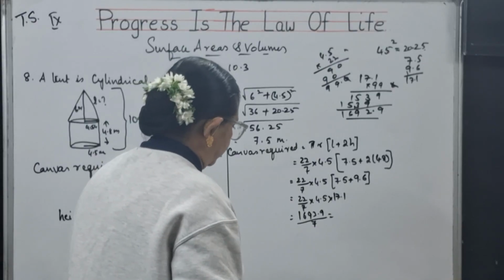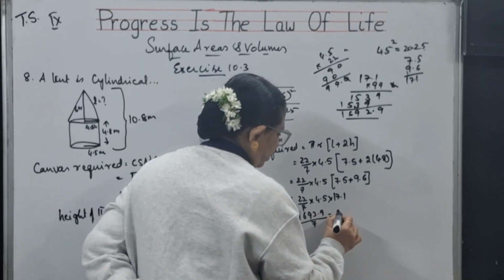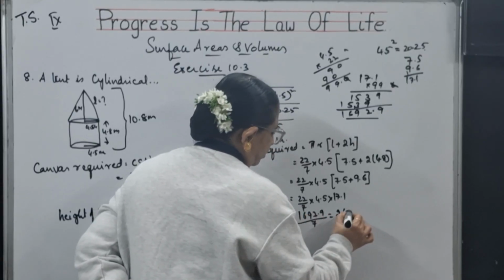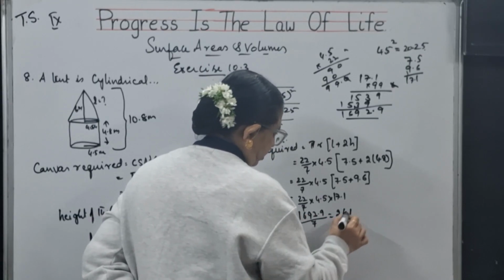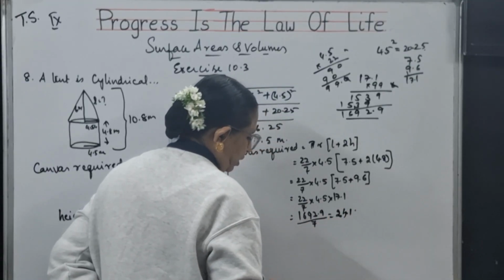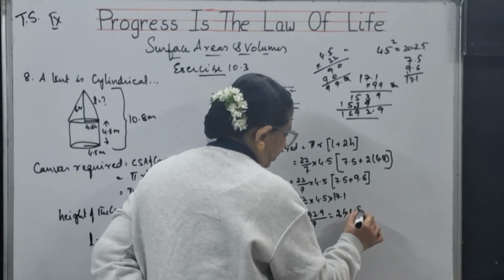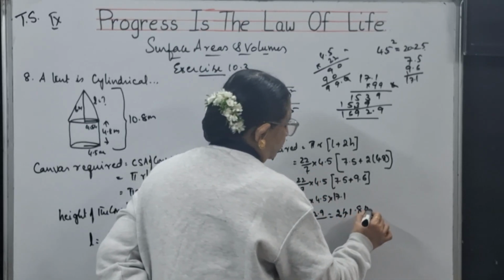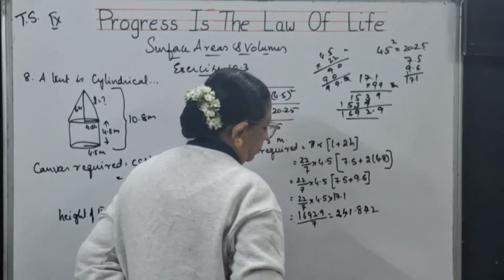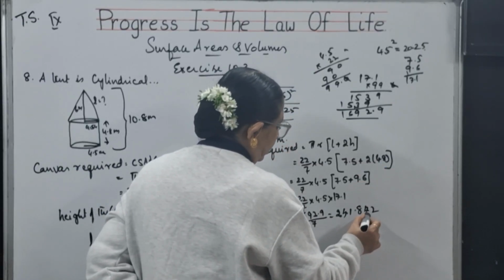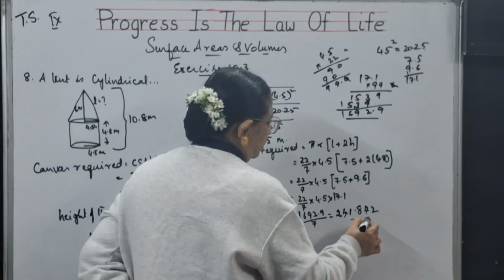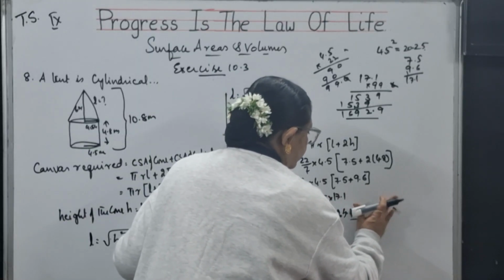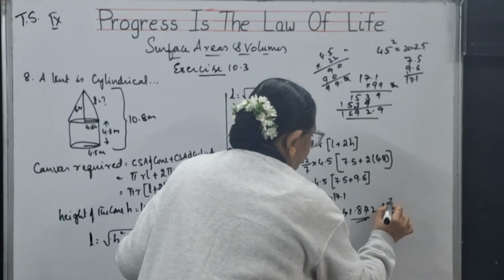If you do this, 7 2s are 14, 7 4s are 28, 7 1s are 7, 7 8s are 56, 7 4s are 28. So 241.842. This many square meters of canvas is required.